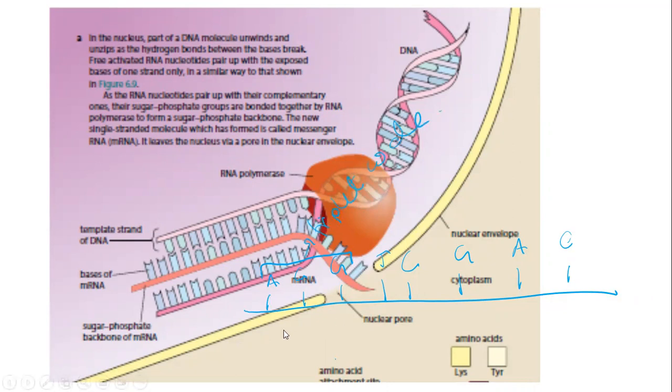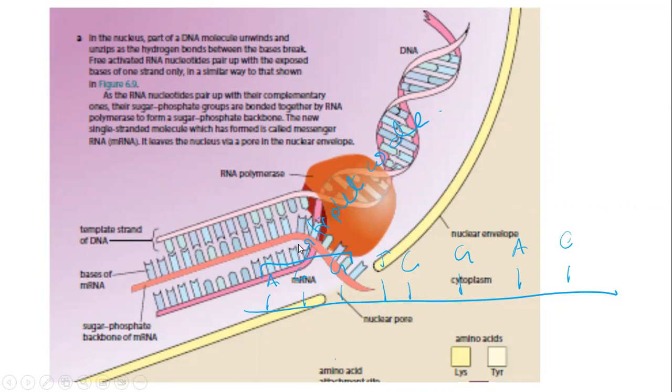So we have our triplet code, and when I read the three nucleotide bases together, it will tell me what amino acid should come and attach over it. So that is how the DNA actually works. That is how the DNA passes on the information. So your messenger RNA is going to be formed and your RNA polymerase is going to attach the entire process.